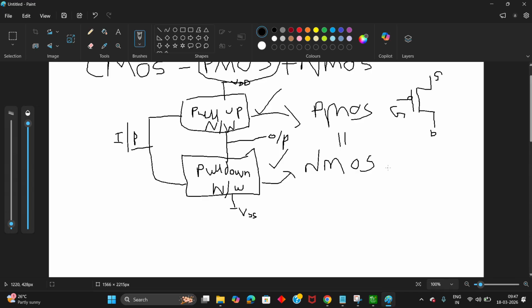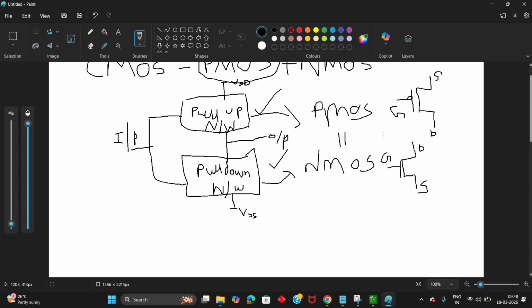How does the NMOS look? There is no bubble at the gate terminal. The NMOS also has gate, drain and source.